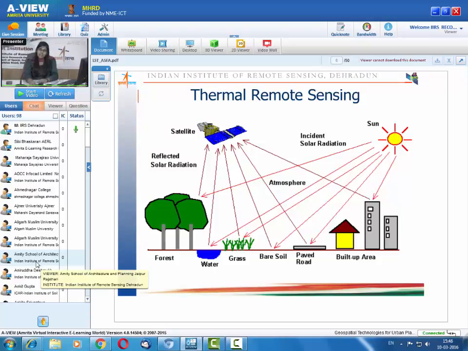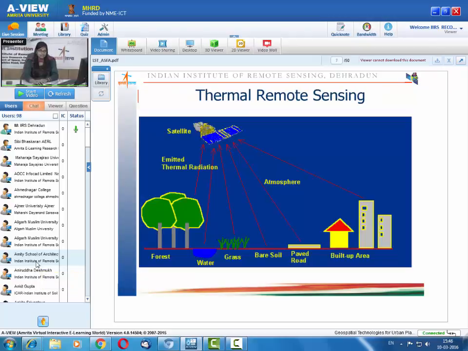So atmospheric attenuations take place within the incident radiation. After the attenuations, the incident radiation reaches the surface materials and then it is reflected back. Reflected solar radiation is trapped by the satellite and it gives you the value of the per pixel DN.